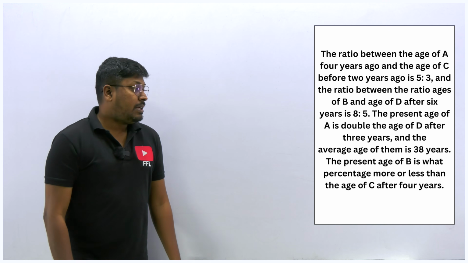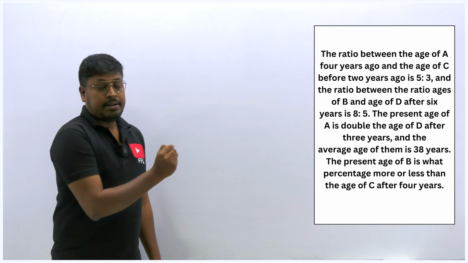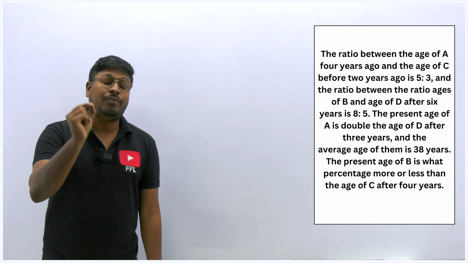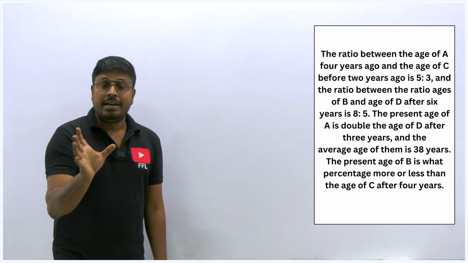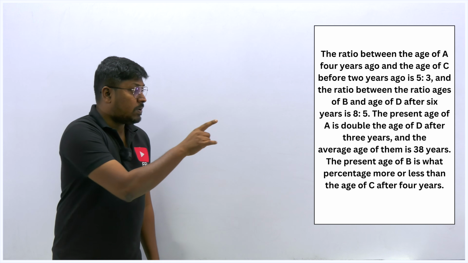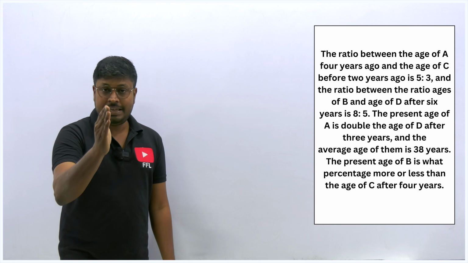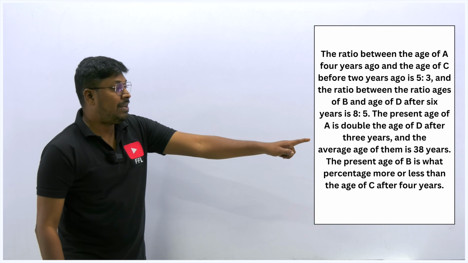So that's the basic formula. One important point you have to remember here: just see the point, average age of all of them. That means all 4 persons' ages. I think there are totally 4 persons, A to D. So (A + B + C + D) divided by 4 is equal to 38.